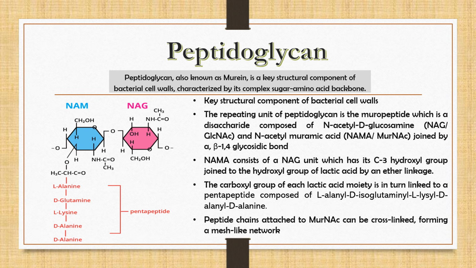Peptide chains attached to the muramic acid can be cross-linked, forming a mesh-like network and providing rigidity and shape to bacterial cells. They are targets of antibiotics such as penicillin and cephalosporins.